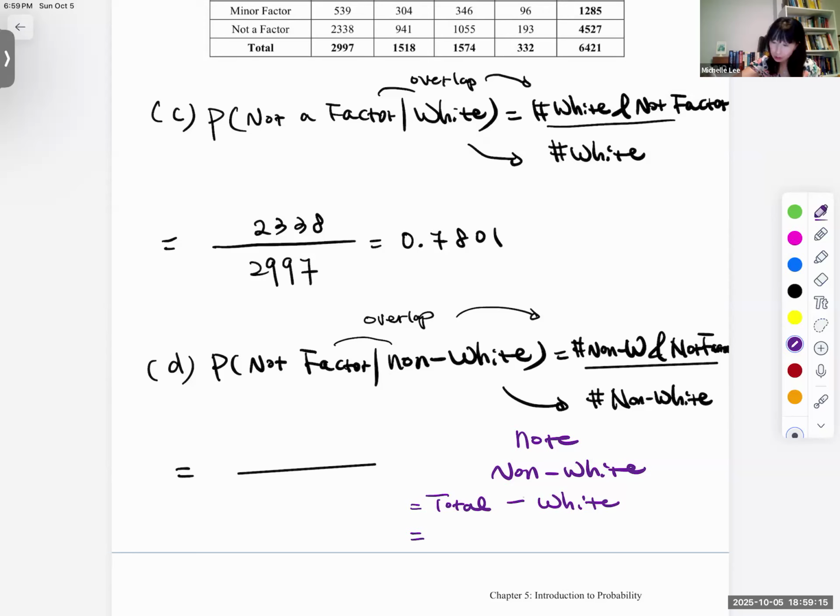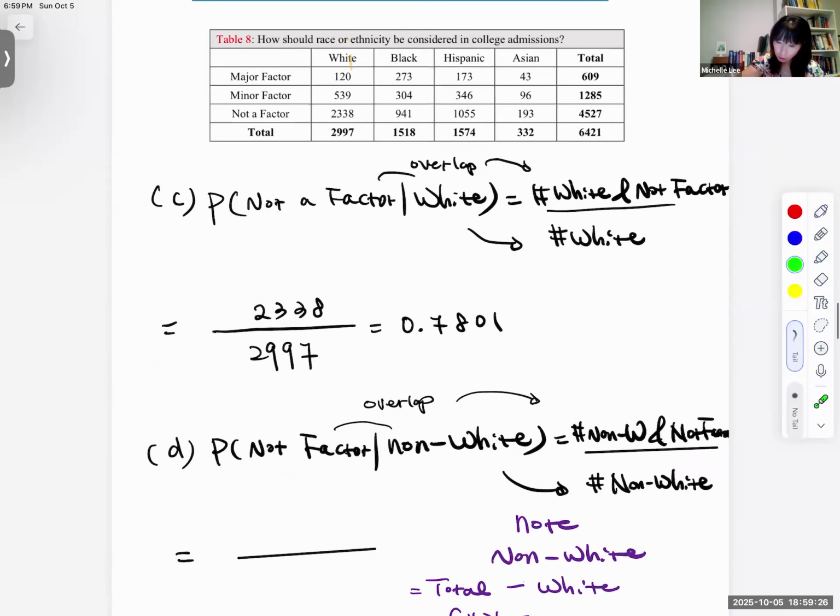Total I read earlier, 6,421. So 6,421 minus white. This is the white part, right? So 2,009 and 997, right?